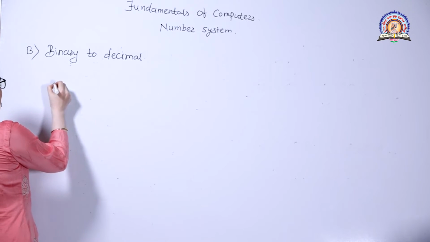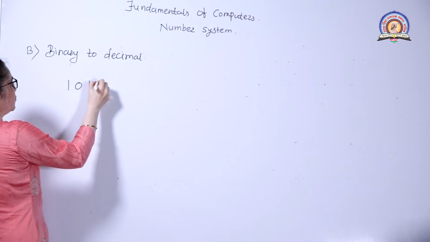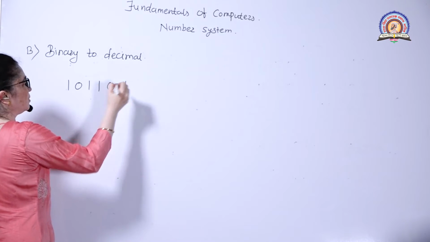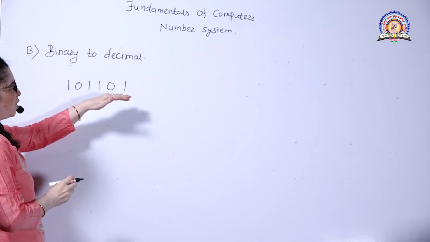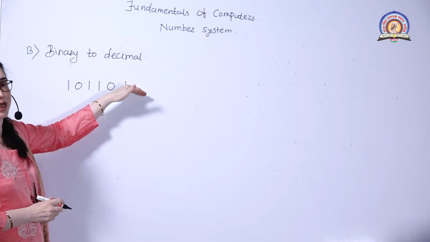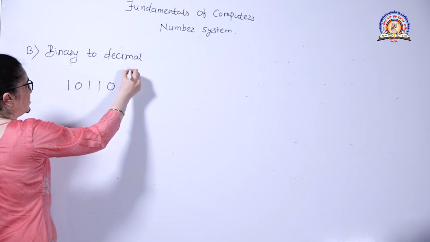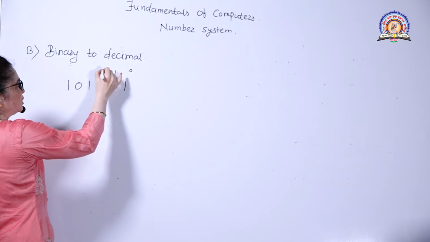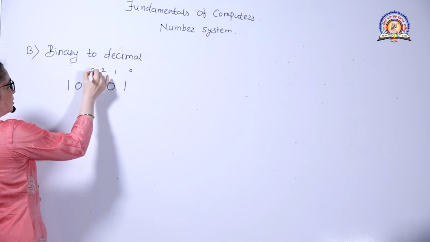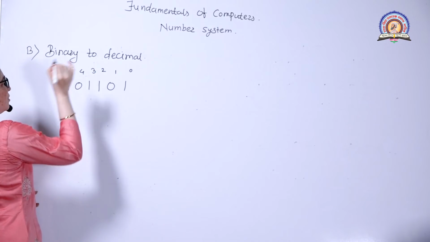So let us consider the binary number 1 0 1 1 0 1. So from right hand side, we have to take the powers of 2. Means this will be 0th power, this will be first power, second power, third power, fourth power and fifth power.